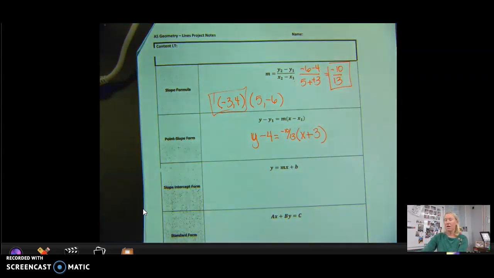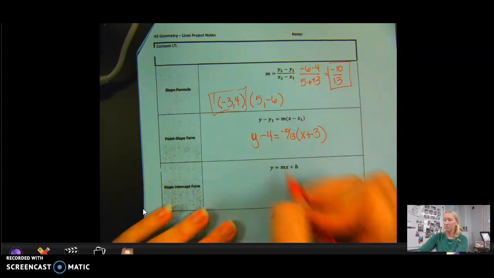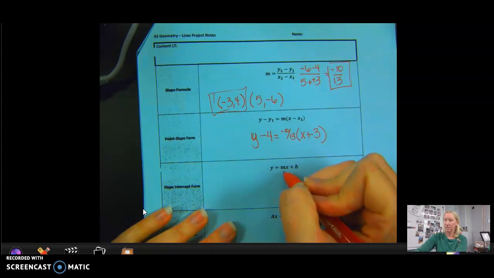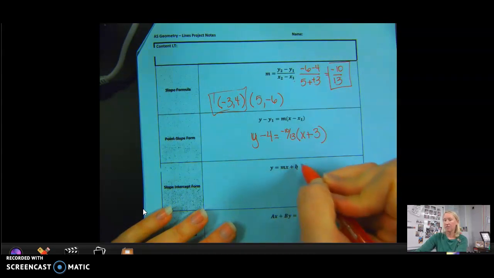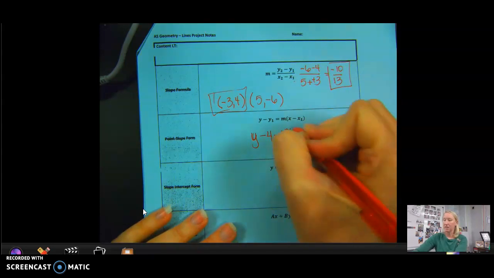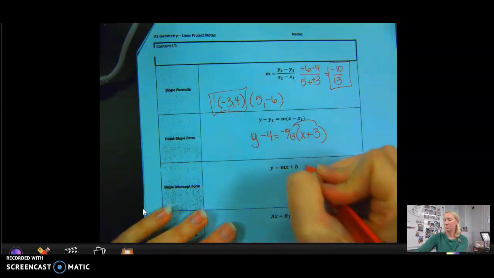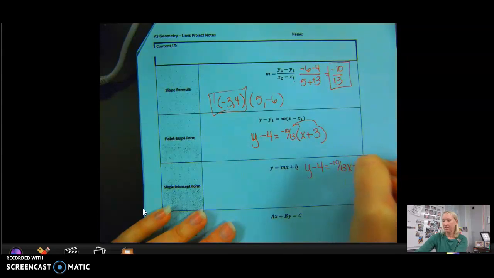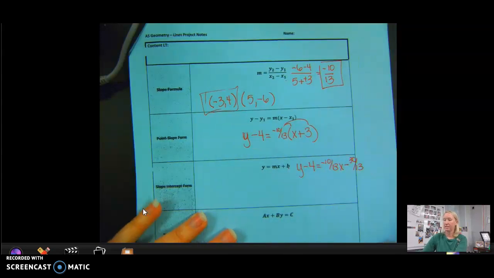Slope intercept form, y equals mx plus b. I already know my slope is negative 10/13. If I know my y-intercept, I throw it in here. If I don't, I can convert from point slope form to find that. So I distribute. I wish I came up with better numbers. This is negative 10/13 x minus 30 over 13, since negative 10/13 times 3 is negative 30/13.